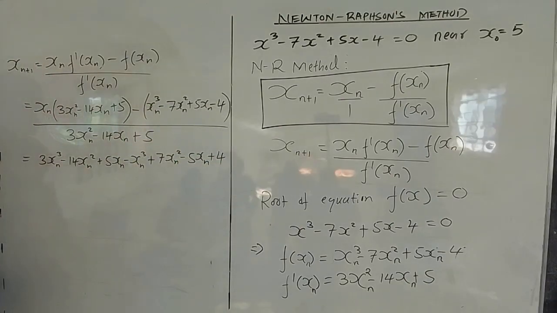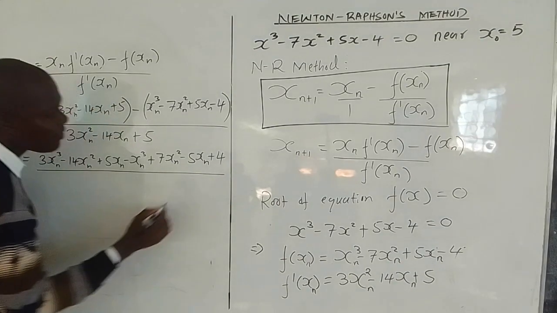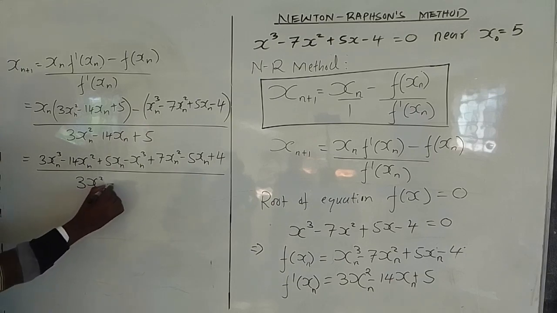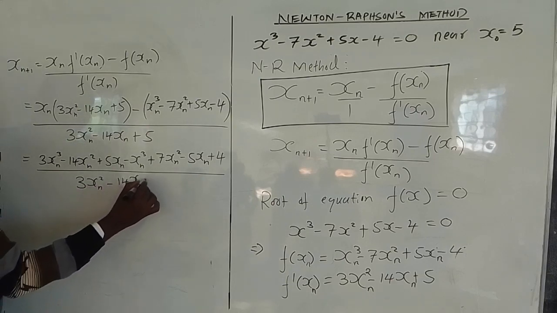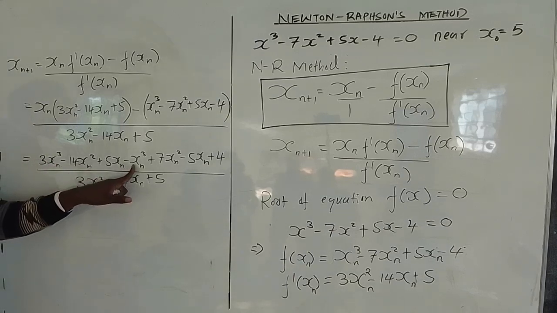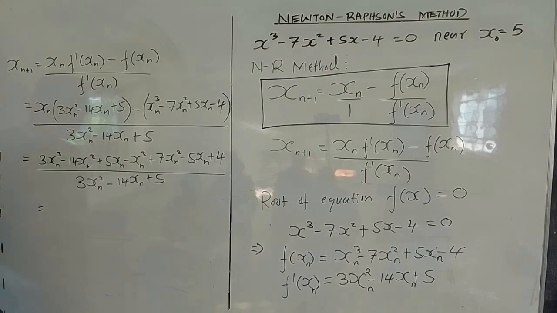Then all of that is over 3xn squared minus 14xn plus 5. After that we simplify by joining the common factors. So here 3xn cubed, here I have minus xn cubed. What do I get?